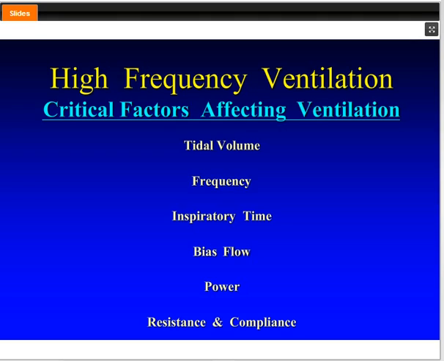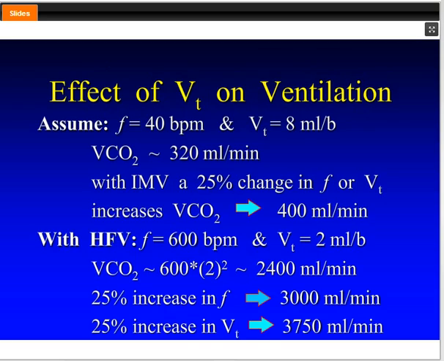Assume you have a frequency of 40 breaths per minute and a tidal volume of 8 cc's. VCO2 would be 320 milliliters per minute. If you have a 25% change in frequency or tidal volume, VCO2 increases to 400. However, if you're on a high-frequency ventilator at 600 breaths per minute with a tidal volume of 2 cc's, VCO2 would be 600 times 2 squared, or 2,400.